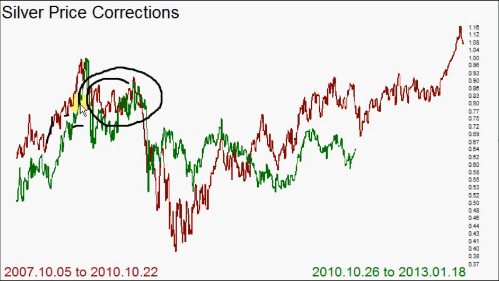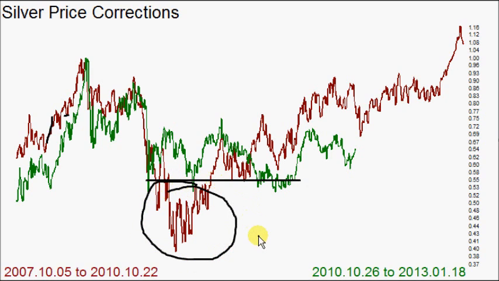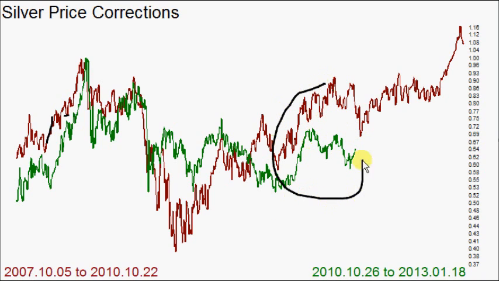And then this little area here, a congestion phase, a little bit of a larger pullback within this current correction. And then in here, the current correction didn't pull back as much as it did in 2008. So there are a little bit of differences here and there, but you can even see in this little area here, it's still looking fairly similar, to say the least.